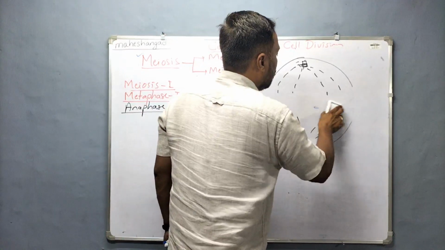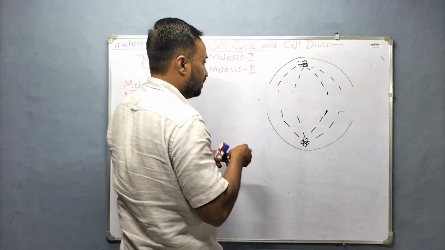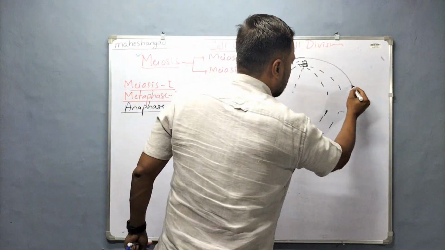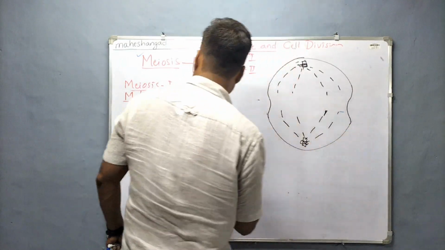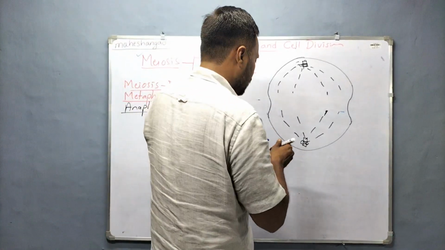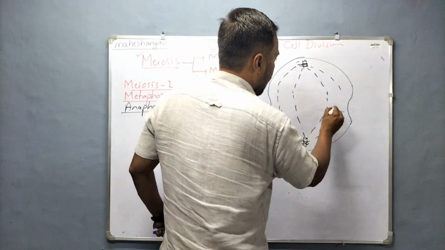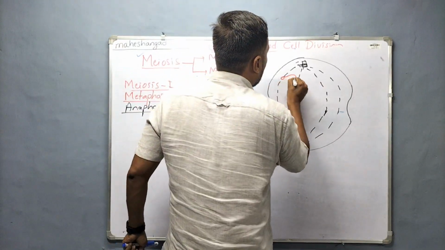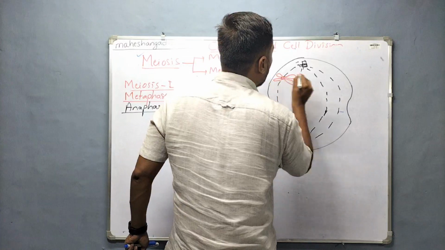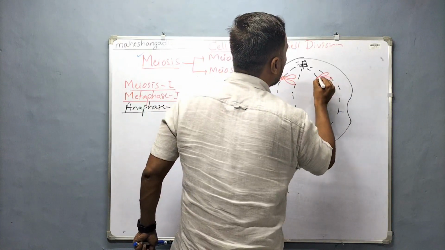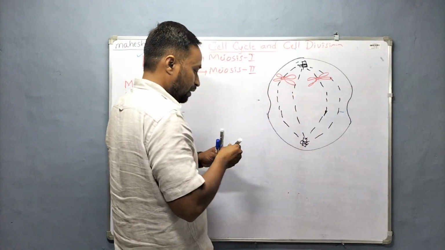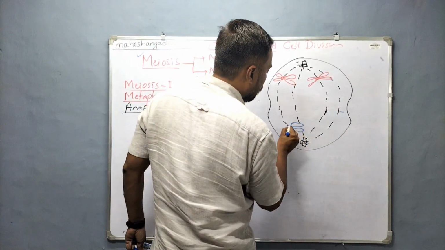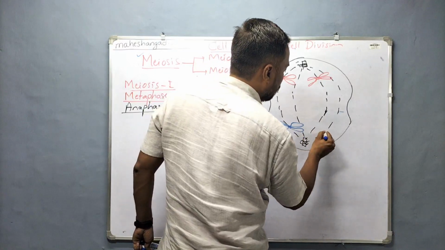I am going to make changes in the same cell itself. See here, the cell shape slightly changes in the anaphase, and half of the homologous chromosomes are moving towards one pole and half towards the opposite pole.